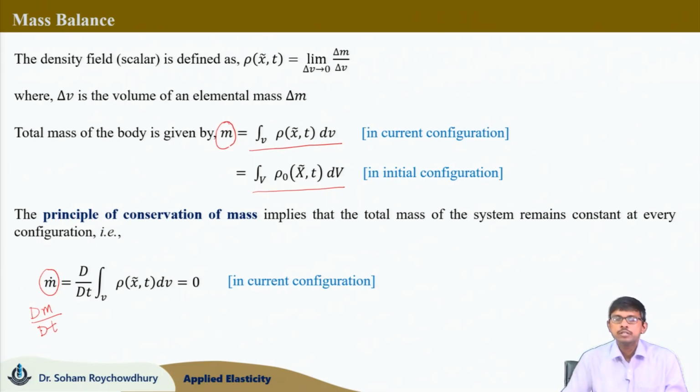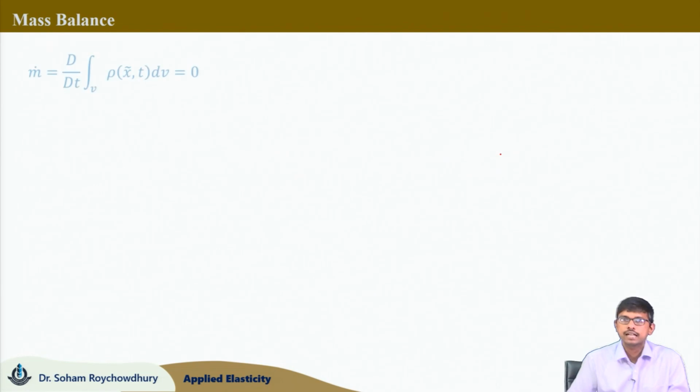We are going to write the expressions of all these balance laws in the current or deformed configuration. So we take the definition of mass in the current configuration, and thus the total time derivative d dt of the integral of rho(x, t) dv equals 0. This is the mass balance in the current or Eulerian description.